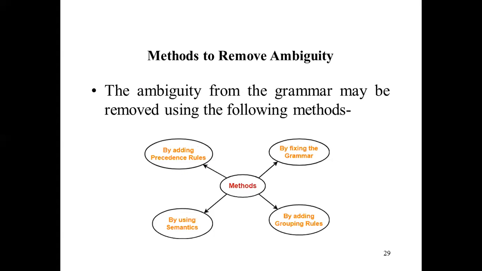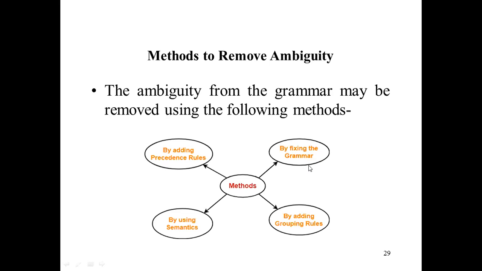Suppose we have E plus E into E slash E, then we provide the precedence. Precedence means we will give the first priority to divide over multiplication, and similarly, over plus we give priority to multiplication. Such rules we will take care of, or by fixing the grammar.